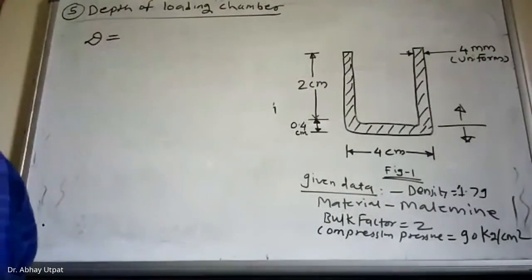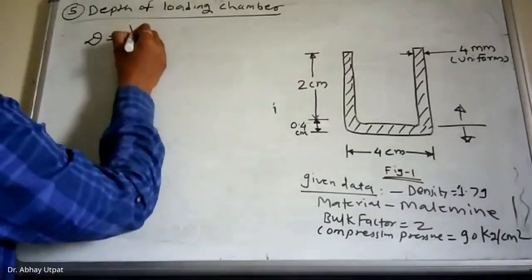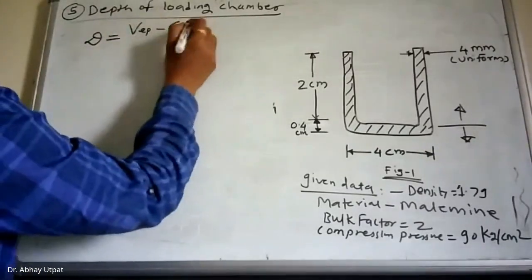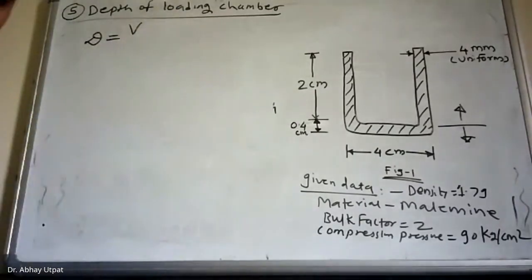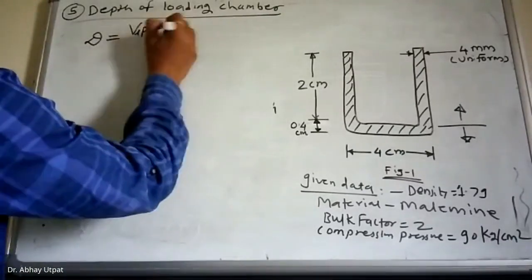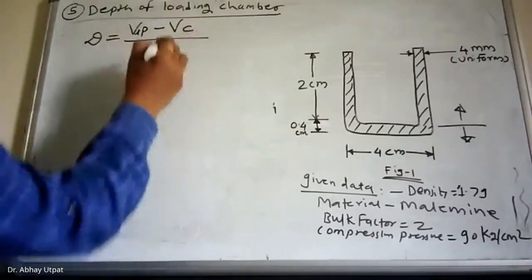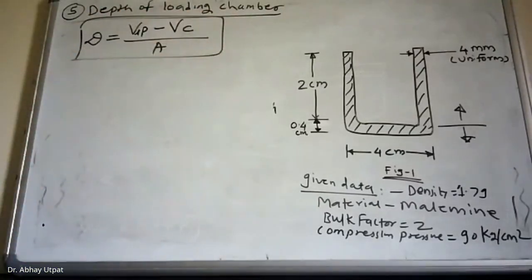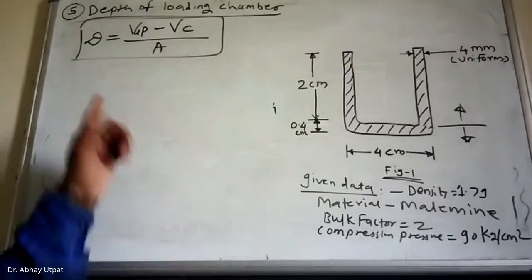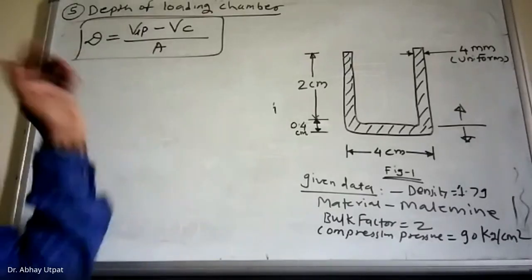D is equal to volume of loose powder minus volume of cavity, divided by projected area. Check this formula I dictated during the previous class. So depth of loading chamber is equal to volume of loose powder minus volume of cavity divided by projected area.